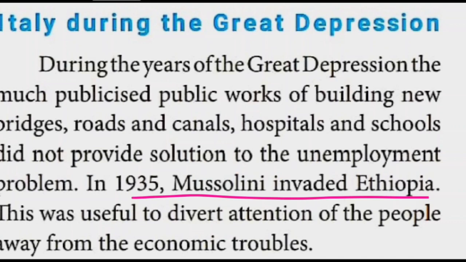Page number 17, Emergence of Mussolini paragraph. From the last, you can find it easily by counting the lines: the 7th line from the last, in October 1922 onwards, till the end. Mussolini's triumph.